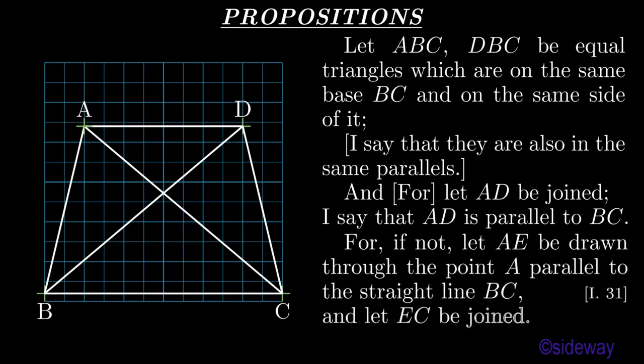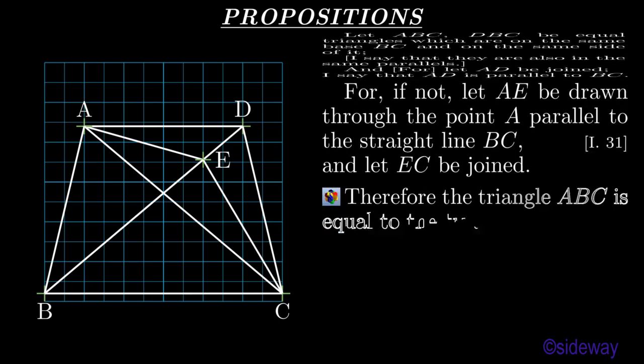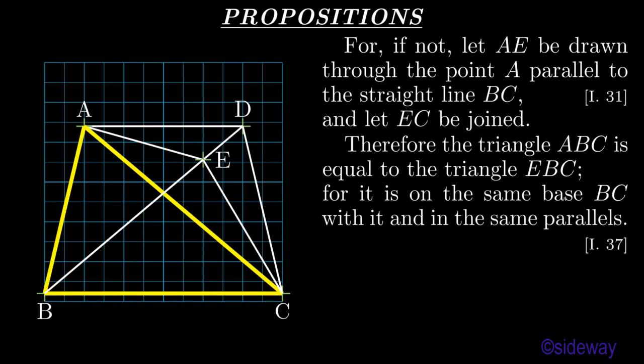For if not, let AE be drawn through the point A parallel to the straight line BC. By Book 1 Proposition 31. And let EC be joined. Therefore the triangle ABC is equal to the triangle EBC, for it is on the same base BC with it and in the same parallels.